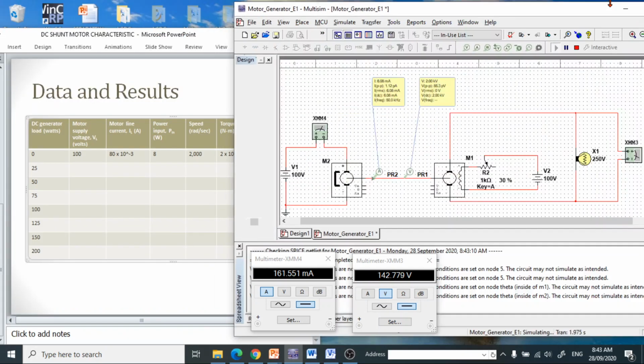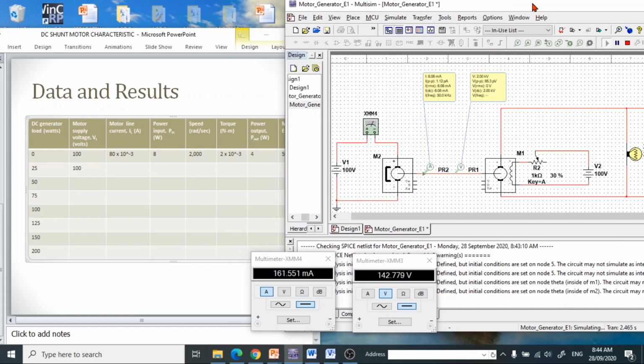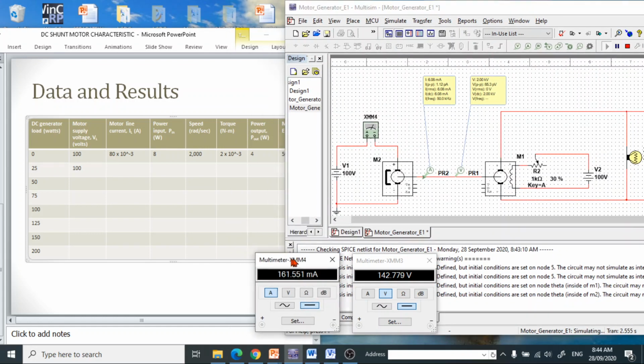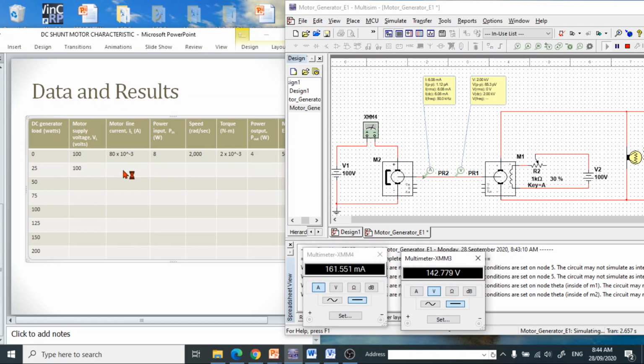Okay, so let's try to record. The source voltage should be 100. The motor current is set to 161.55 milliampere.